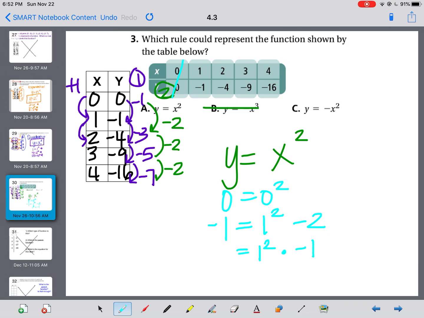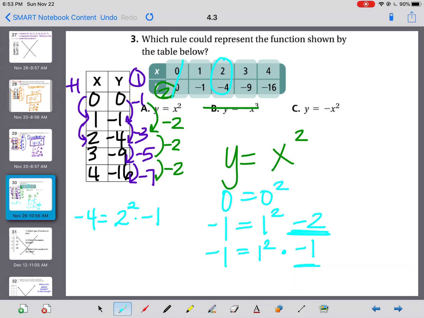How can I turn that 1 into a -1? Okay, well, I could either subtract 2, or I could multiply it by a -1. Okay, let's see what works for the others. Let's check this one out. -4 is equal to 2 to the second power.